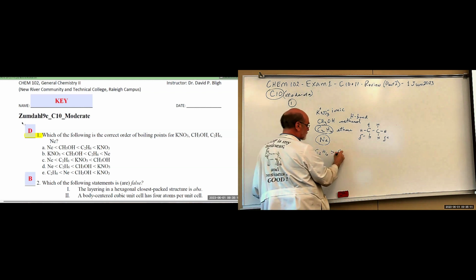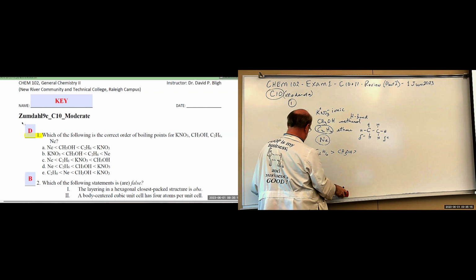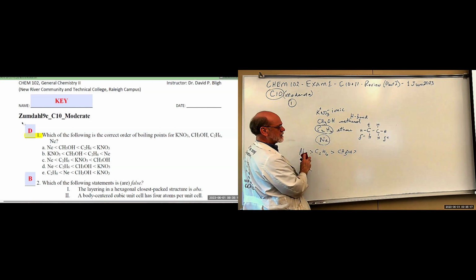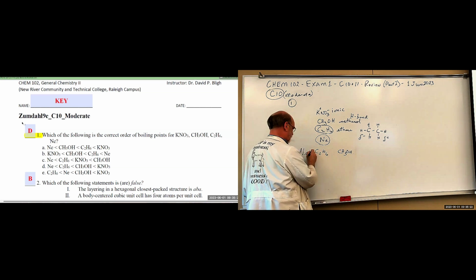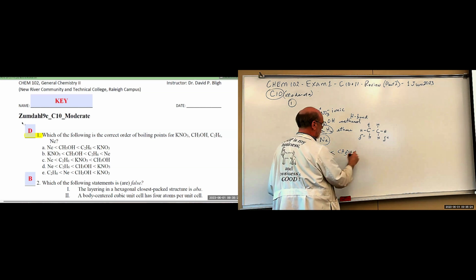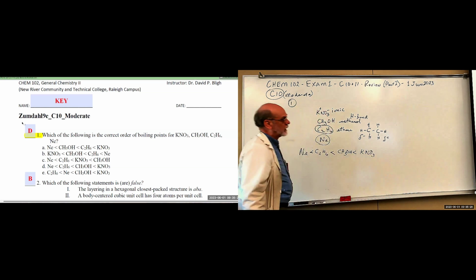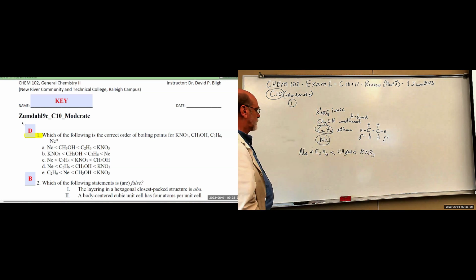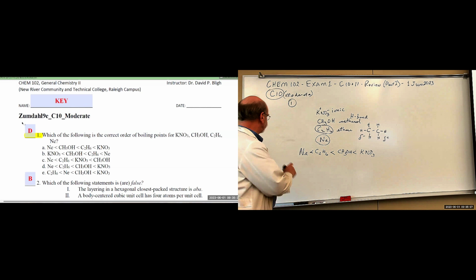So it would come next. And then, oops, the other way, sorry. There we go. And then KNO3 would have the highest boiling point. So that one would be, looks like D.